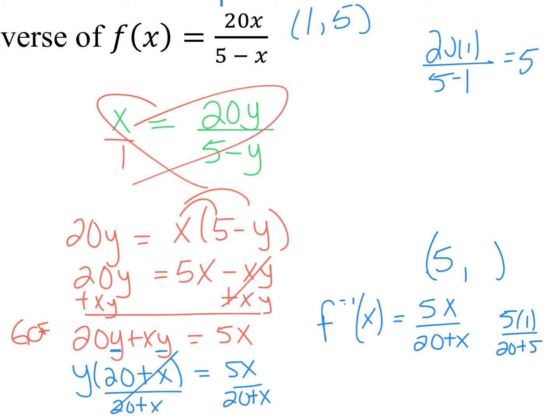Because it's divided by 25, that's 0.2. So what did I do wrong here? Well, I did something wrong. It just was very silly. This should be a 5 here because I'm plugging in 5 for x. That was so silly. And when I do 5 times 5, it's 25 over 25, which is 1. So this works out. Here's your inverse.